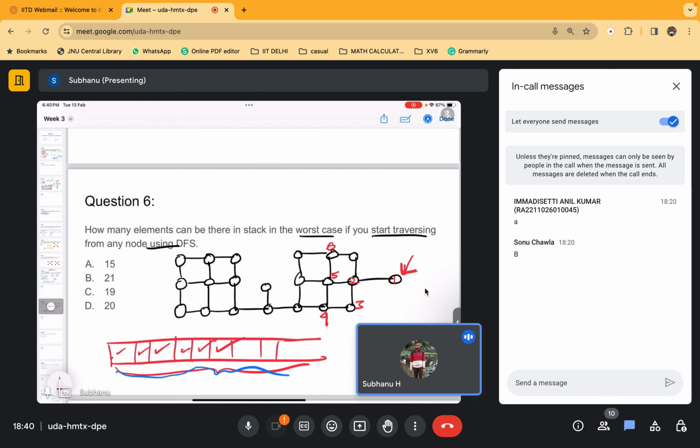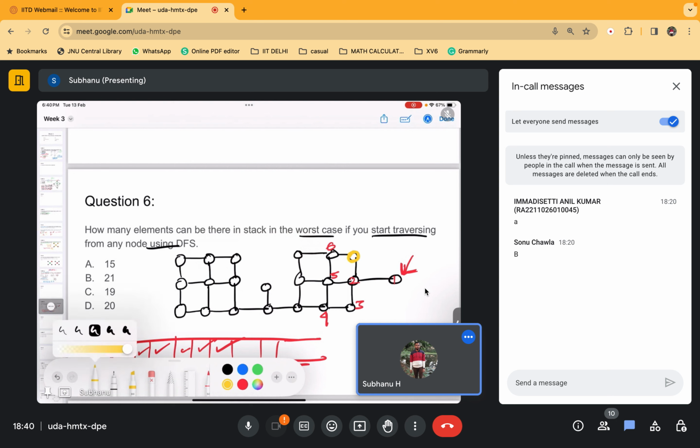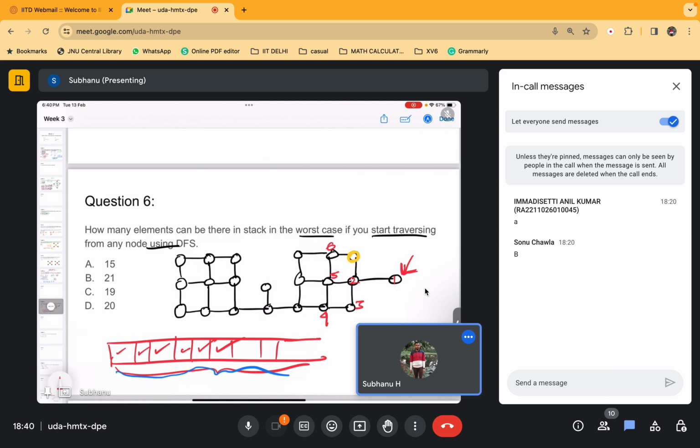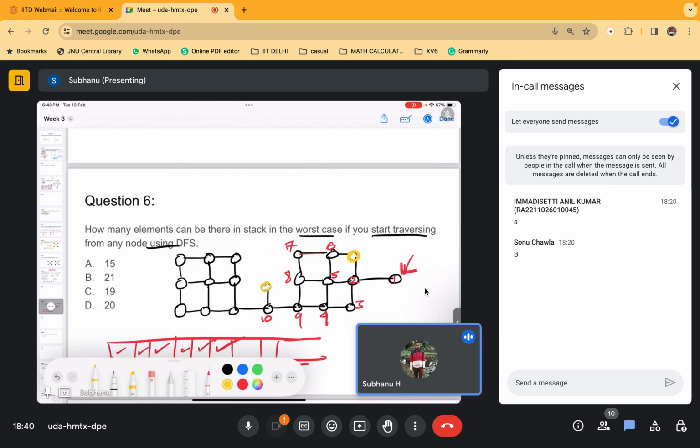Now you can see that this node you can visit later. From 6 we have, because this is a neighbor of both 2 and 6, you can come to this node from here to here. This node also you can visit later.